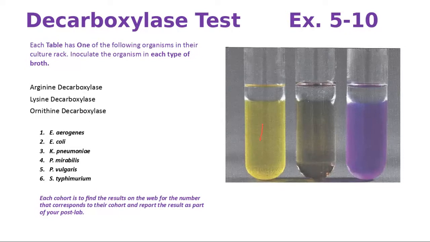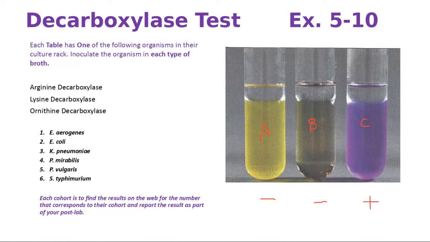So if I label these tubes A, B, and C, what's the result of B? Negative. What's the result of A? Negative. And what's the result of C? Positive.